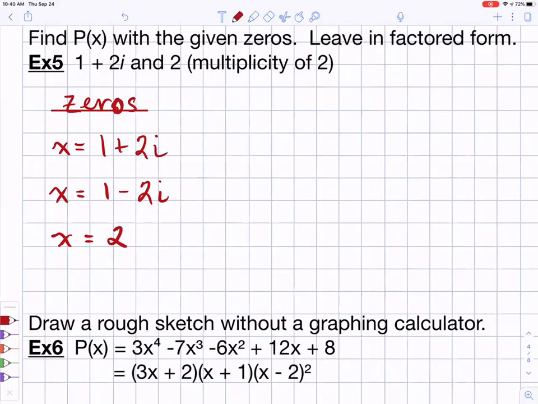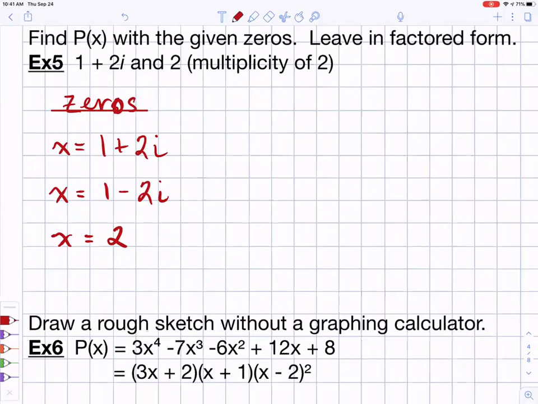Is that all of the zeros I have? If you said yes, I would say, okay. If you said no, I would say, okay, but technically there's another x equals 2 because there's a multiplicity of 2. So really how many zeros do I have?